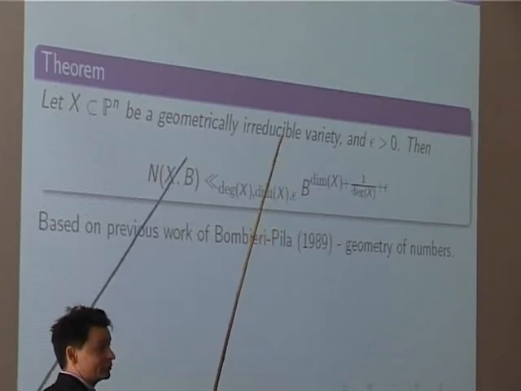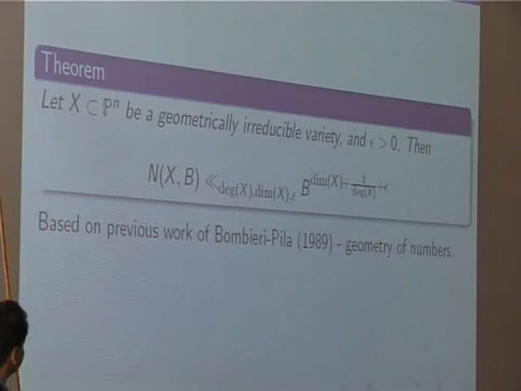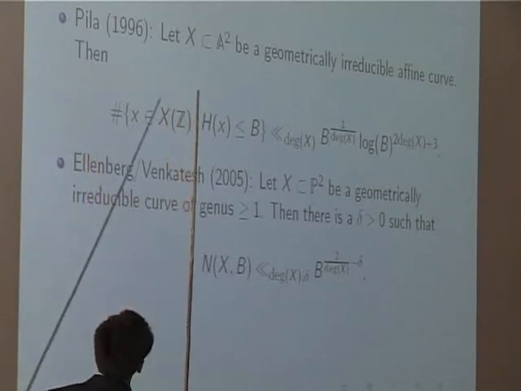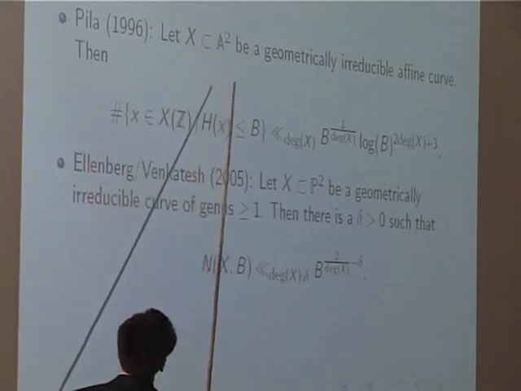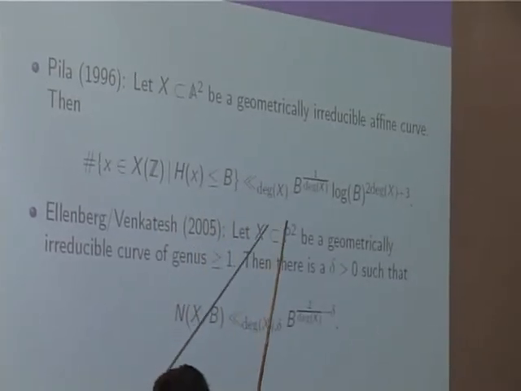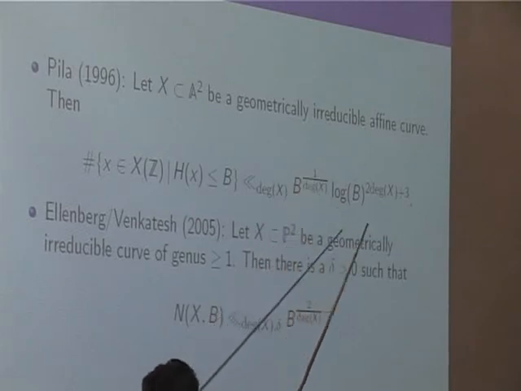If you're looking at hypersurfaces in Pn, codimension 1. So there are some refinements of that. For affine curves, you can do better. You have a uniform bound depending only on the degree, like 1 over the degree and then something.